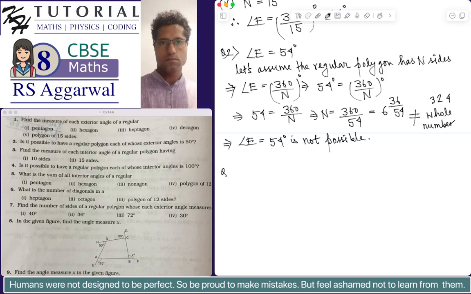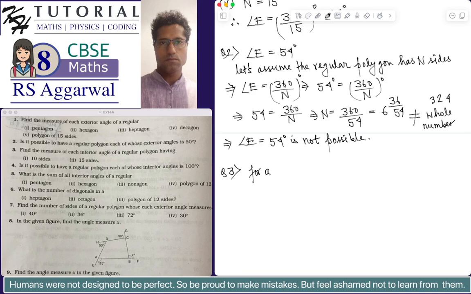Okay. Question number 3. Find the measure of each interior angle of a regular polygon having 10 sides and 15 sides. So, we know two properties regarding each exterior angle and interior angle of a regular polygon. For a regular polygon, all the exterior angles are equal and all the interior angles are also equal.